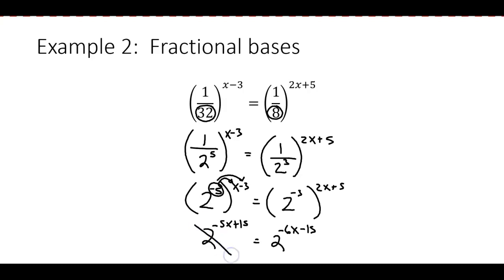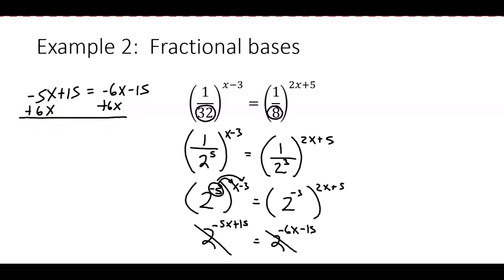We're going to drop out the bases, right? Negative 5x plus 15 equals negative 6x minus 15. And we'll solve. I'm going to add 6x on both sides.